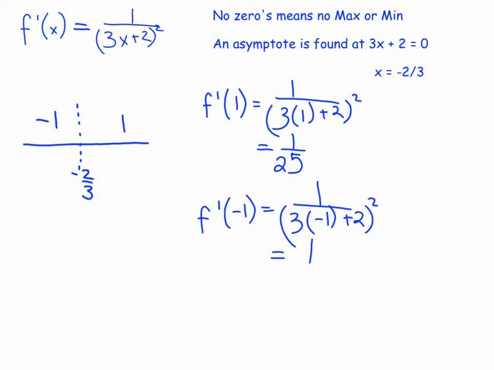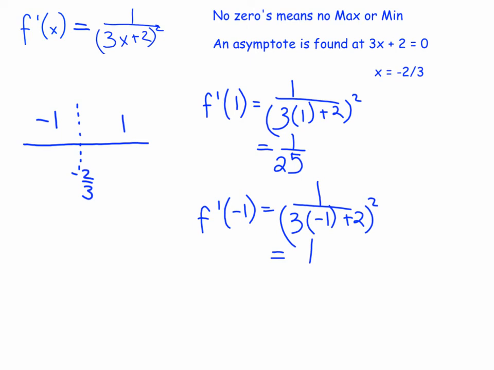So I plot -2/3 on my wriggle graph, and I pick points that are easy to substitute in. We always pick nice whole numbers like 0, -1, 1, or 2. In this case, I picked -1 and 1.